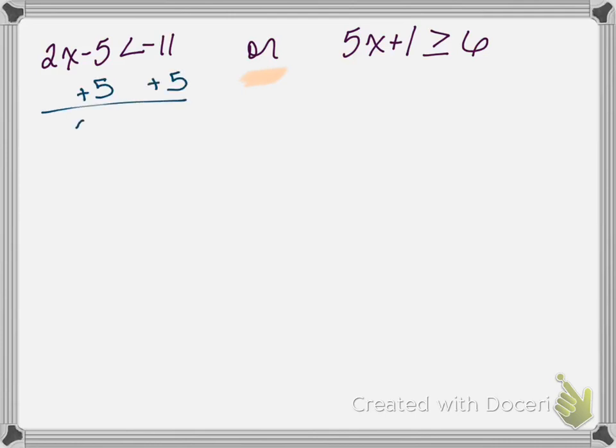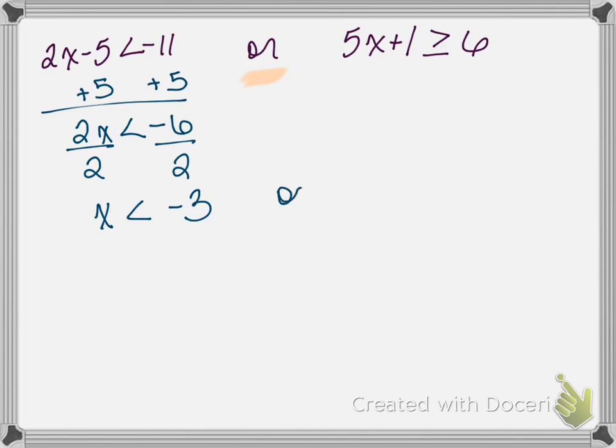So I'm left with 2x is less than negative 6. I divide by 2. So I have x is less than negative 3. Do I reverse? No, I do not, because I'm dividing by a positive. The fact that that 6 is negative does not determine what I do with my sign.